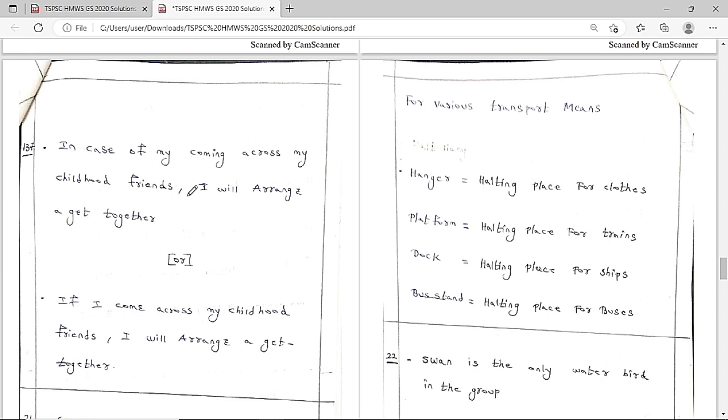So this is the correct solution of this question.